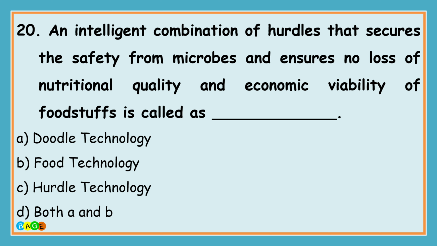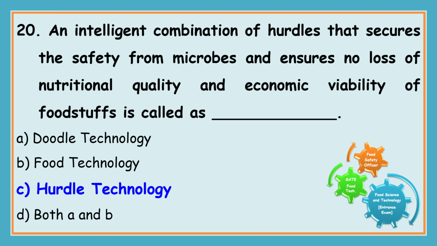Question number 20: An intelligent combination of hurdles that secures the safety from microbes and ensures no loss of nutritional quality and economic viability of foodstuff is called ___. The options are A doodle technology, B food technology, C hurdle technology, and D both A and B. The correct answer is option C hurdle technology.